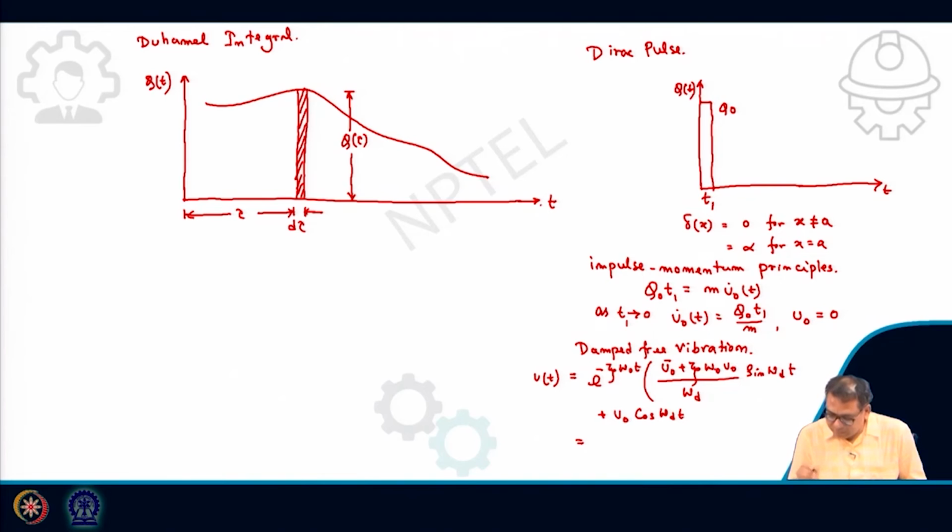Only e to the power minus damping ratio omega 0 t will remain, and there will be U0 dot. This is not bar, this is dot actually.